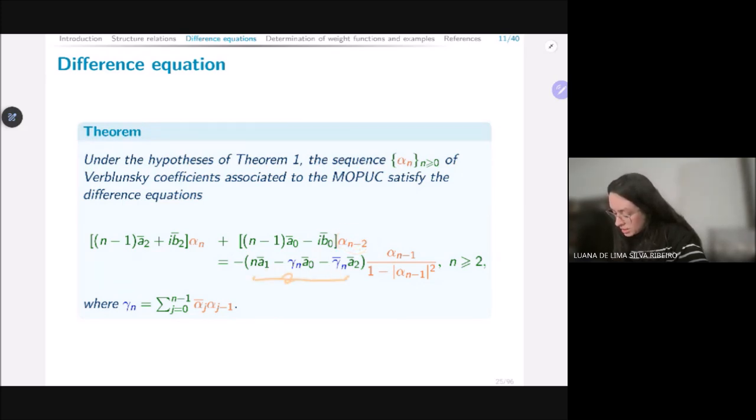Here this part depends on the coefficients a1, a0, a2 of the polynomial a, and also this gamma, and this gamma depends on all Verblunsky coefficients for j equal to 0 to n minus 1, that multiply this quantity here. Since we know that the absolute value of the Verblunsky coefficients is less than 1, this quantity here is different from 0.